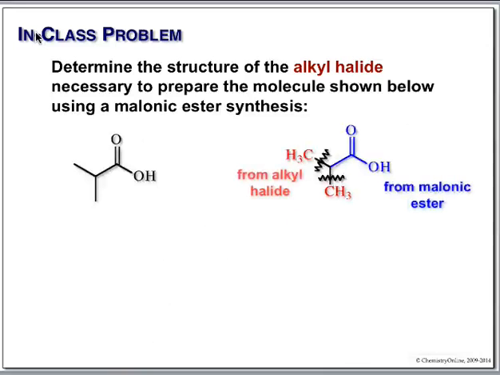And the 2 methyl groups here are from the alkyl halide. Go ahead and draw the structure of the alkyl halide. This one is so simple. We're simply doing it twice. We need 2 moles of bromomethane.